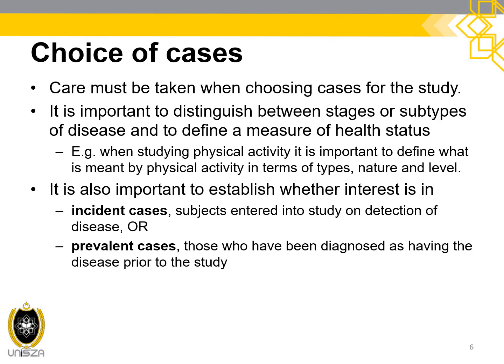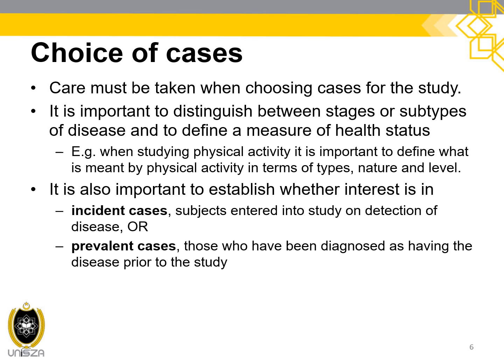Care must be taken when choosing cases for this case control study. It is important to distinguish between stages or subtypes of disease and to define a measure of health status. For example, when studying physical activity, it is important to define what is meant by physical activity in terms of types, nature, and level.